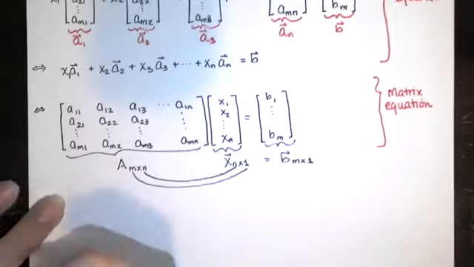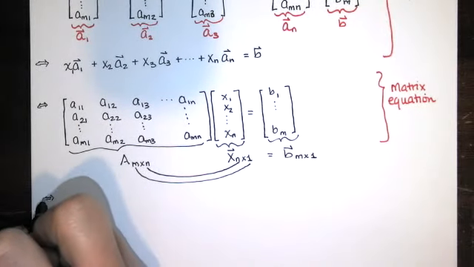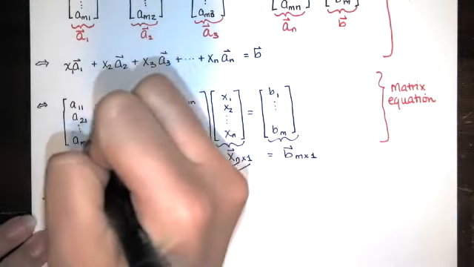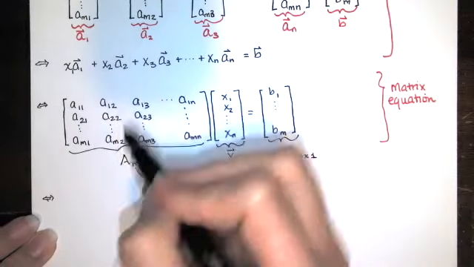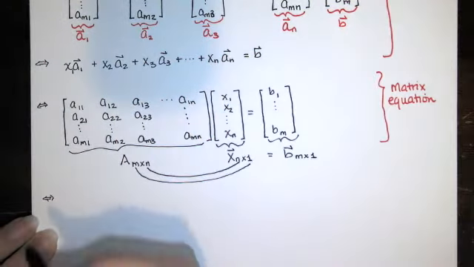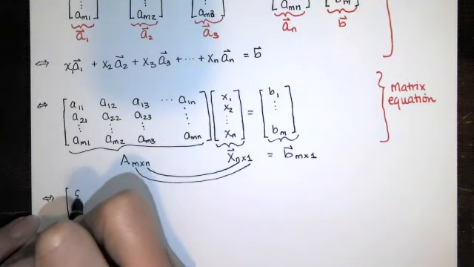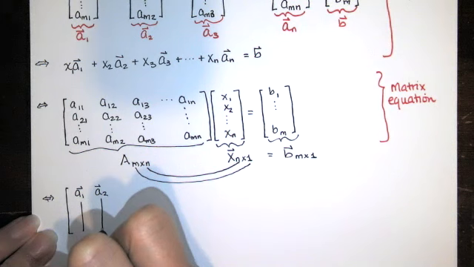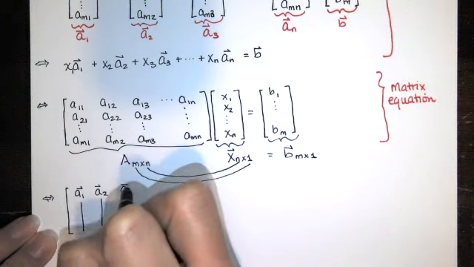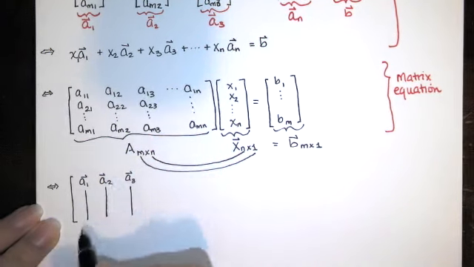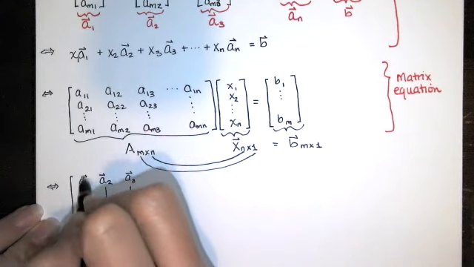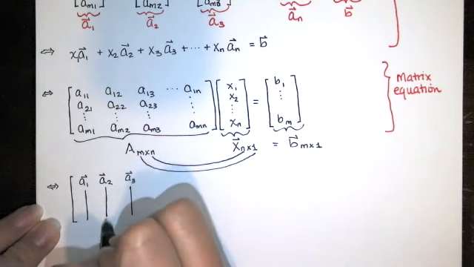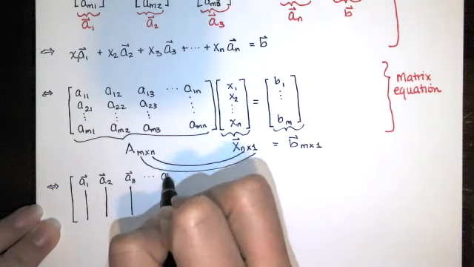Now, a shorthand version of this is this. Notice that this first column is A1 and the second column is A2 and the third column is A3. So we could just write it this way. That is just my shorthand for a column A1, a column A2, a column A3, and then a column A sub n.